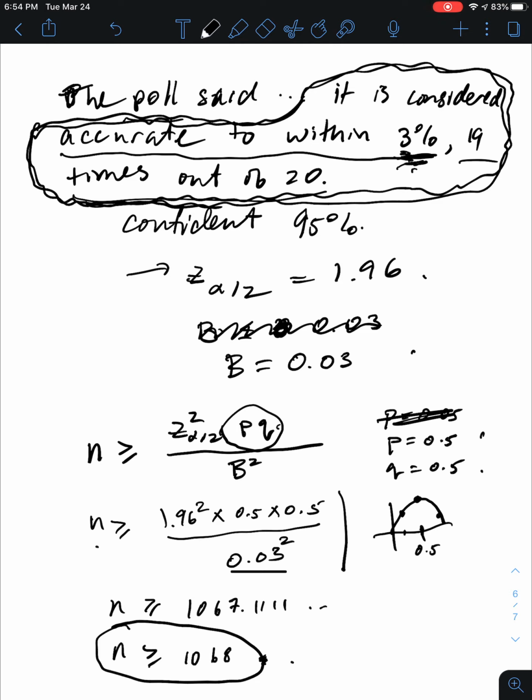All right, so that's an example of how this kind of formula, this experimental design strategy, is actually used in practice in polling that you'll see all over the place if you open up a newspaper during an election, for example. All right, so that's it for 8.8 and for Chapter 8.